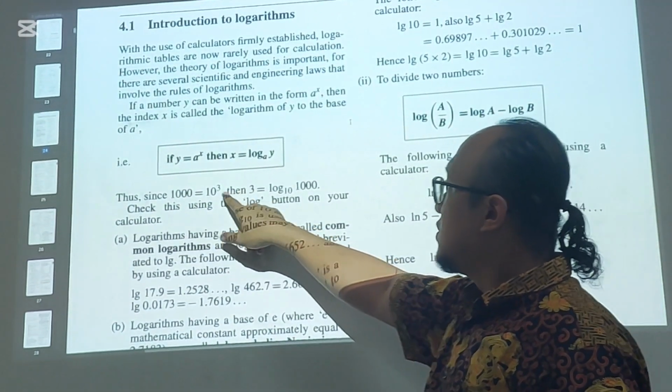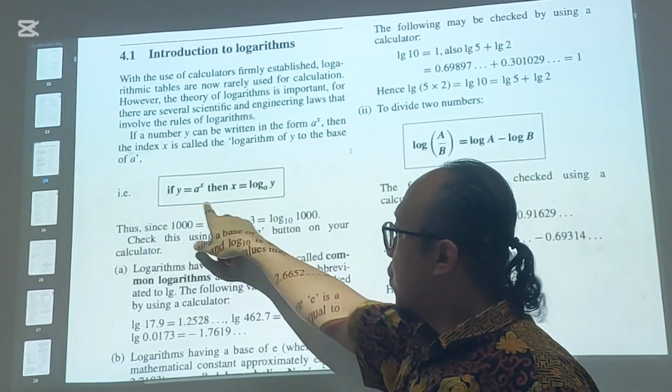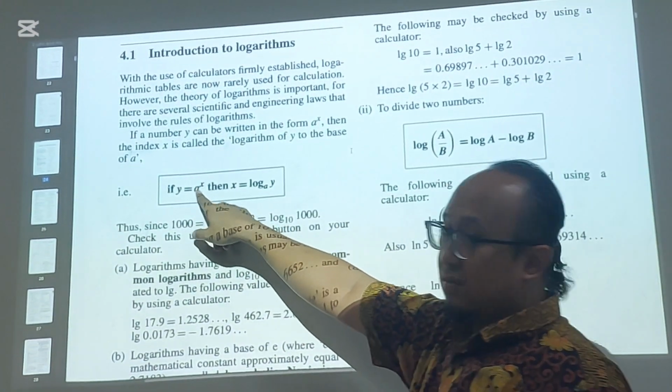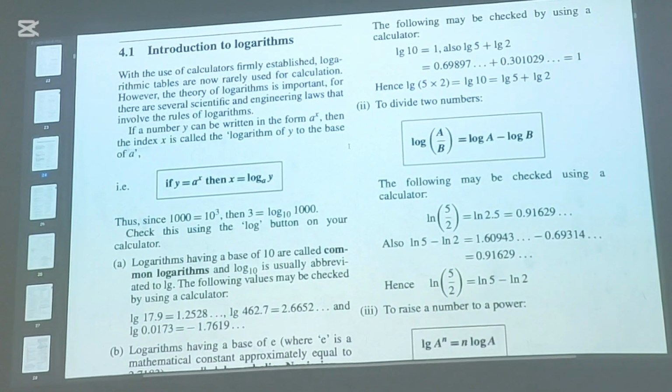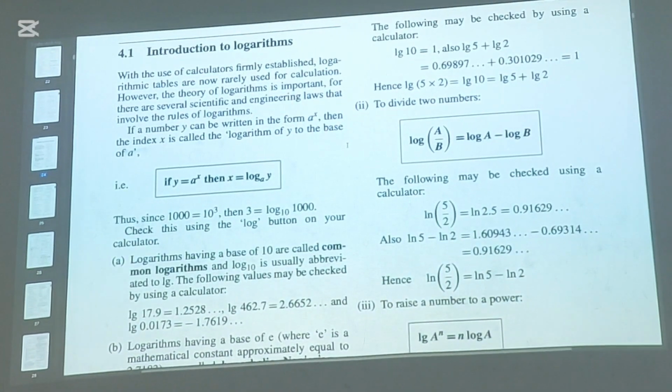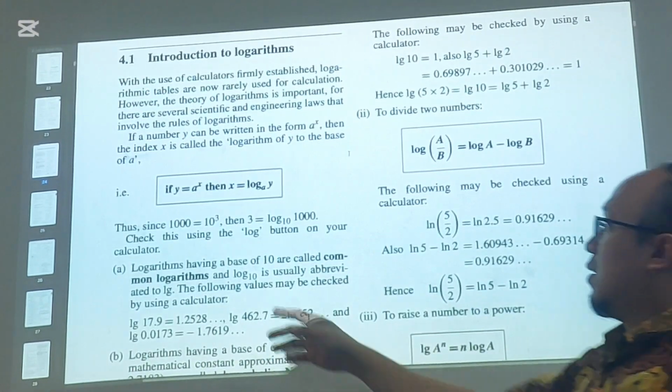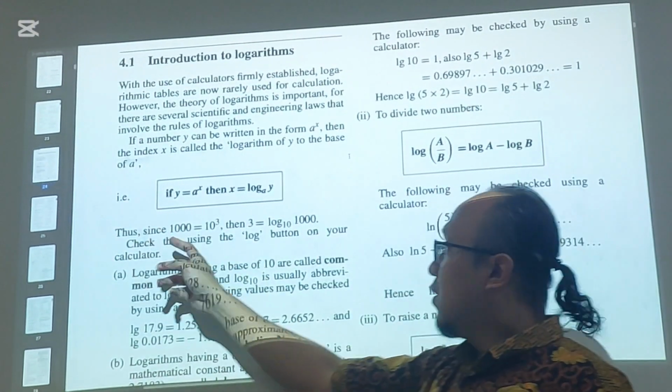We can also change this to exponential. This is exponential like this. So if there is a power, it means this is the exponential function. So we can simply change this shape into the logarithmic function.